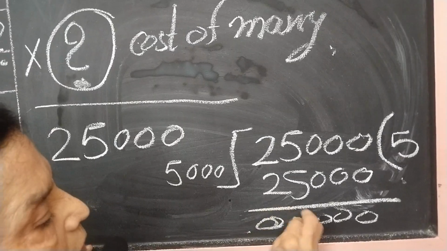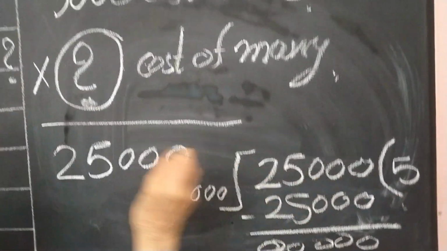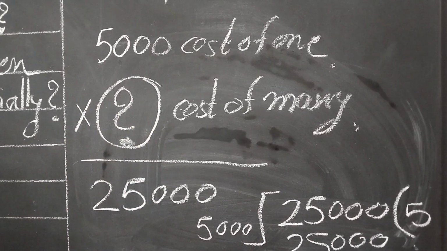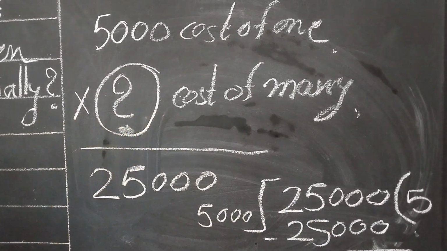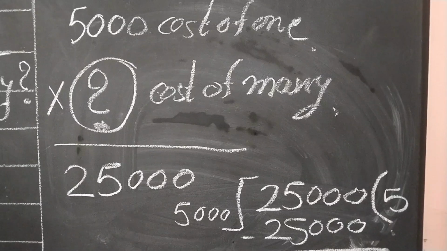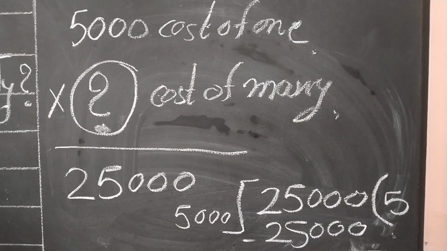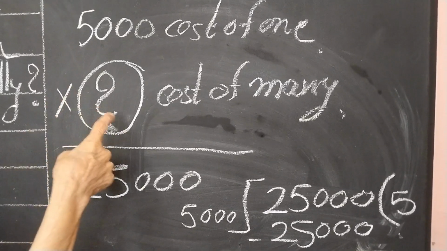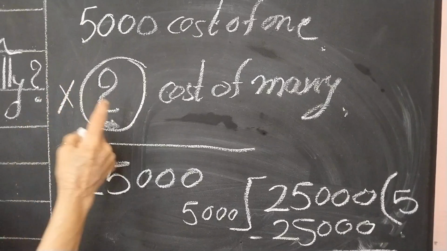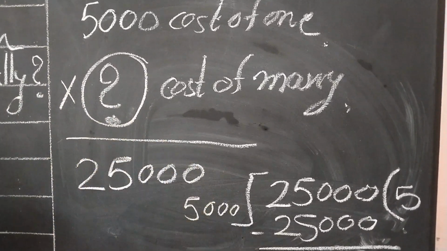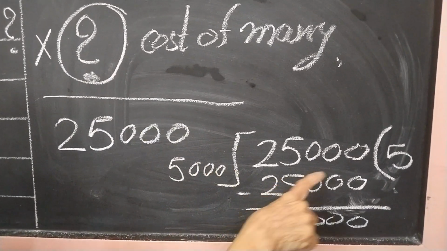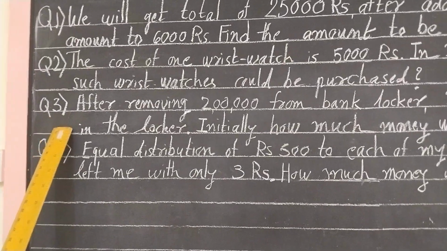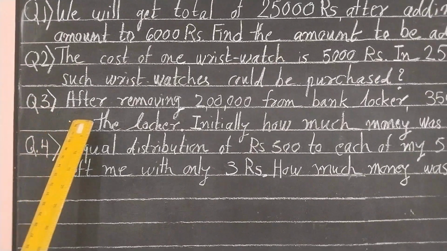That gives us 5 as the answer here. Means only 5 wristwatches we can buy here. So our imagination and common sense told us that it is a case of multiplication. But since one amount was missing here, we did Multimar business and we did it by the division method. Ready? Now let us come to example number 3.